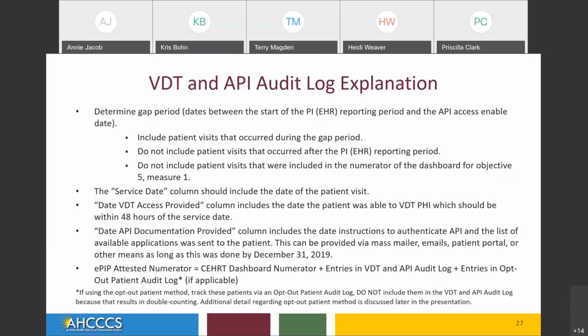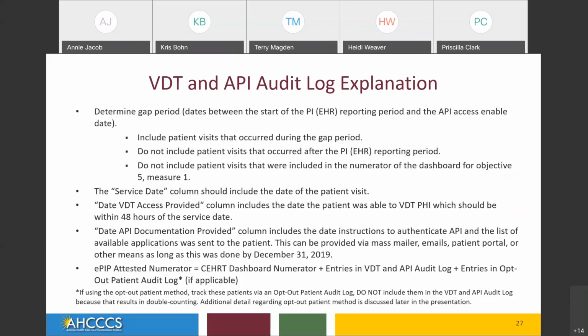The date API documentation provided column includes the date the instruction to authenticate API and the list of available applications was sent to the patient. This can be provided via mass mailer, email, patient portal, or other means as long as this was done by December 31st, 2019.